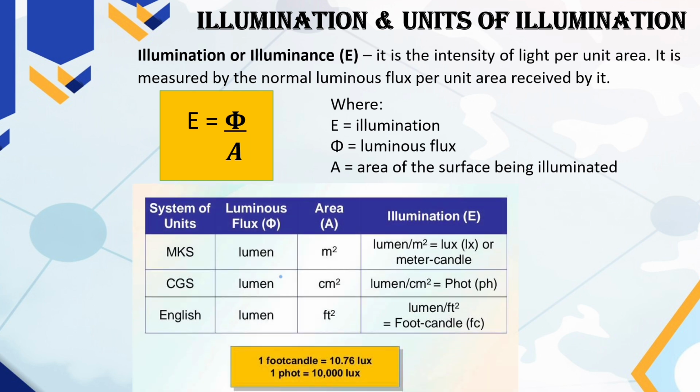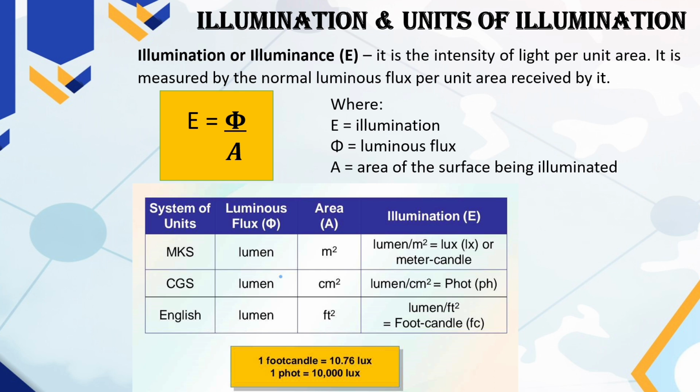So these are the units of illumination. We have the system of units, luminous flux, area, and illumination. For the MKS system, the luminous flux is lumen, the area is m squared, and the illumination is lumen per m squared, which is equal to lux or meter candle.